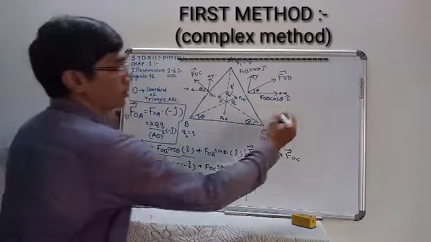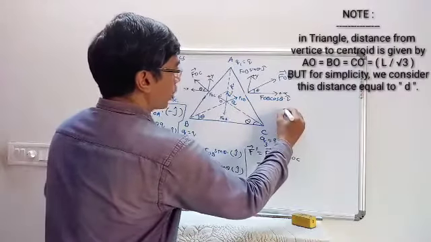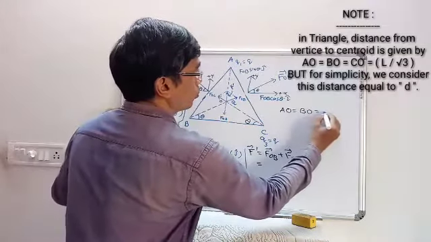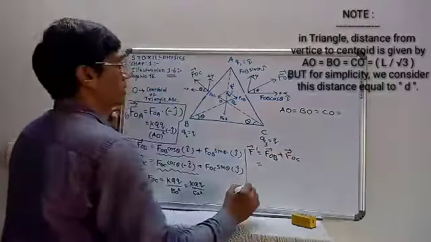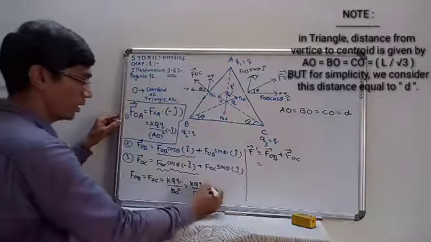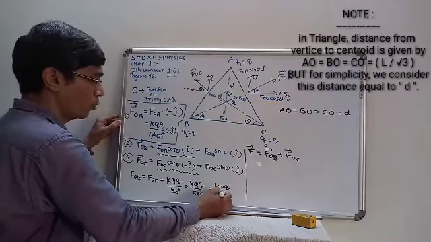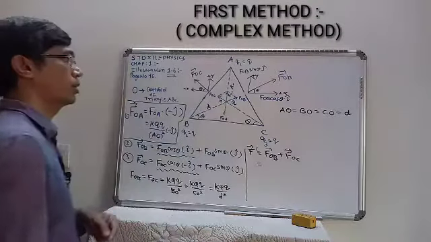Remember, the distance from the vertices to the centroid is equal: AO is equal to BO is equal to CO. Let us take this distance as D. So we can write it as K capital Q small q upon D square.